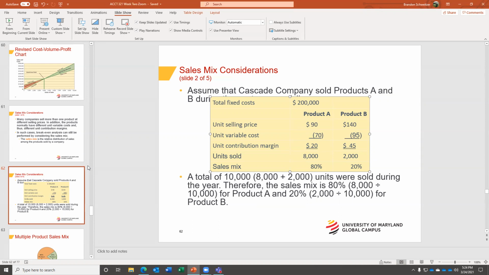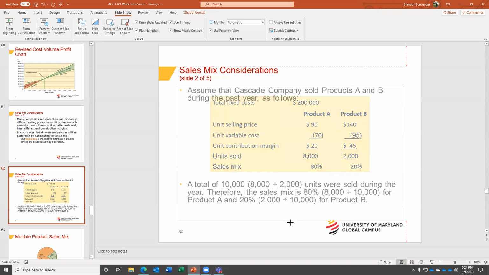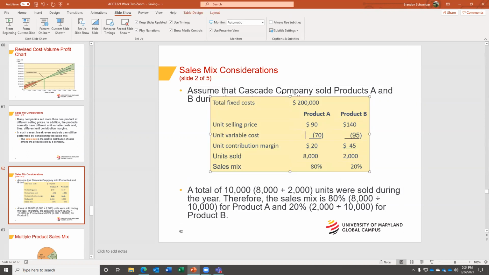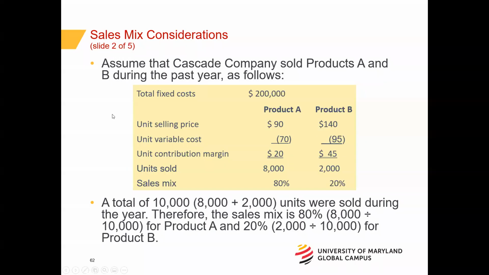I'm sorry. Okay, this is additional data. My apologies. Sometimes these slides get a little crazy on me. Okay, there we go. Oh my goodness gracious! I apologize about that.